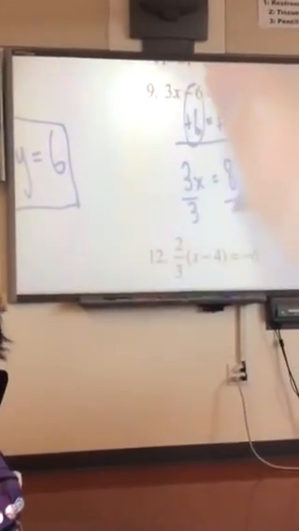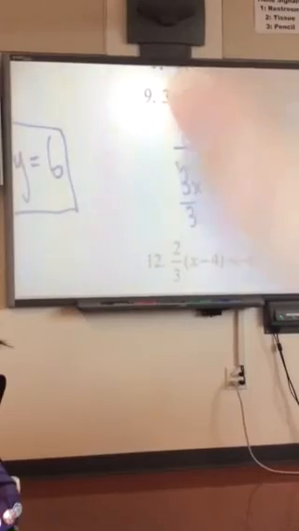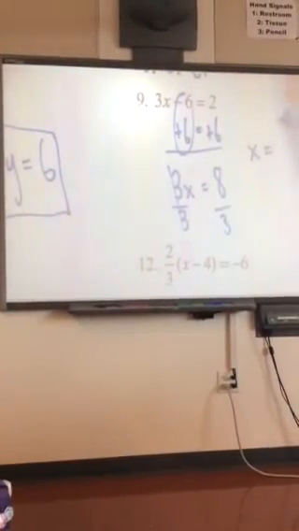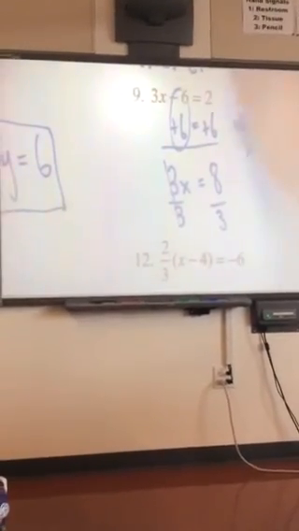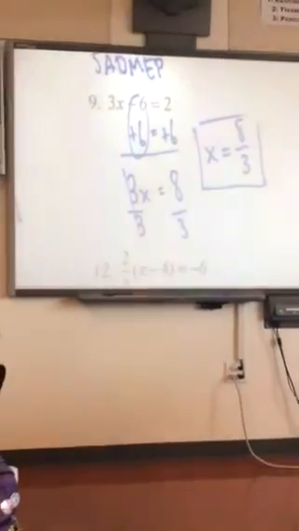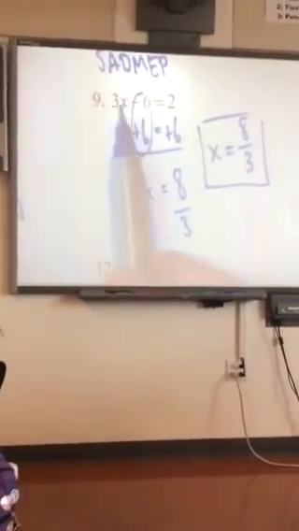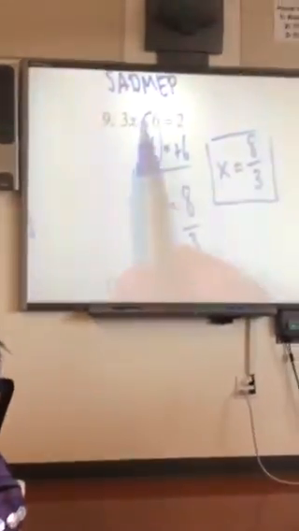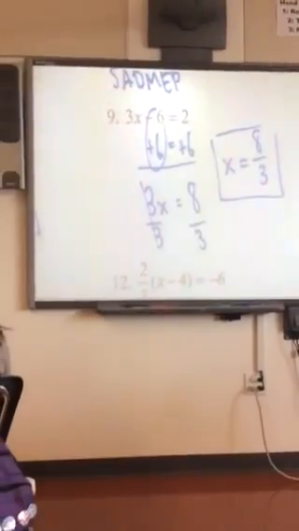So we'll divide by 3 on both sides. 3 over 3 makes 1. So we get x by itself on the left, and then we have this fraction. 8 over 3 is our answer for number 9. And if you wanted to check the answer, you could plug it back into the original equation here. So it would be 3 times 8 over 3 minus 6, and that would actually work out to be 2.